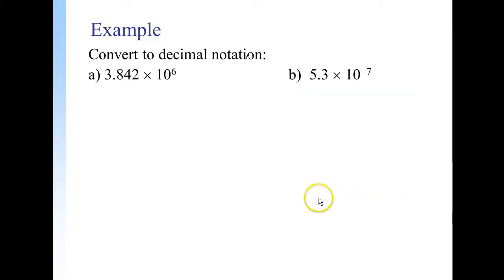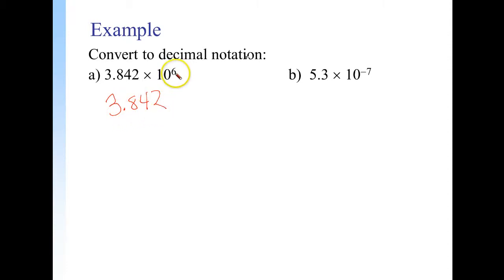Now, when you have to convert to decimal notation from scientific notation, you can do something like this. Write the number 3.842. Now, how many places are you going to move the decimal?